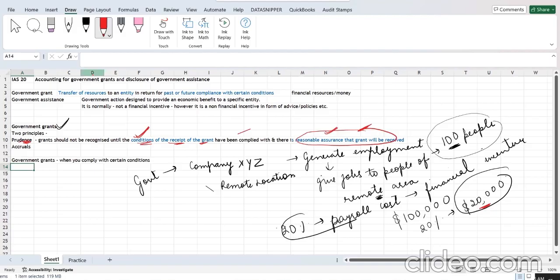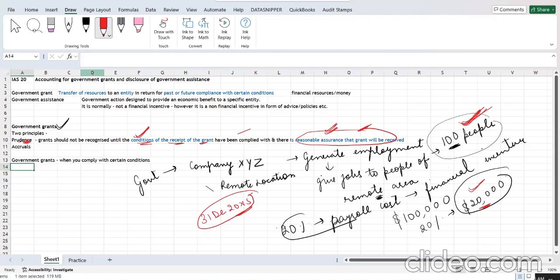You have to see: if I am recognizing the grant of 20,000 at December 31st, 2000X5, do you think at this date I have met this condition? Do you think at this date I have given jobs to 100 people? If yes, you have met the criteria, then for sure go ahead and recognize the grant.